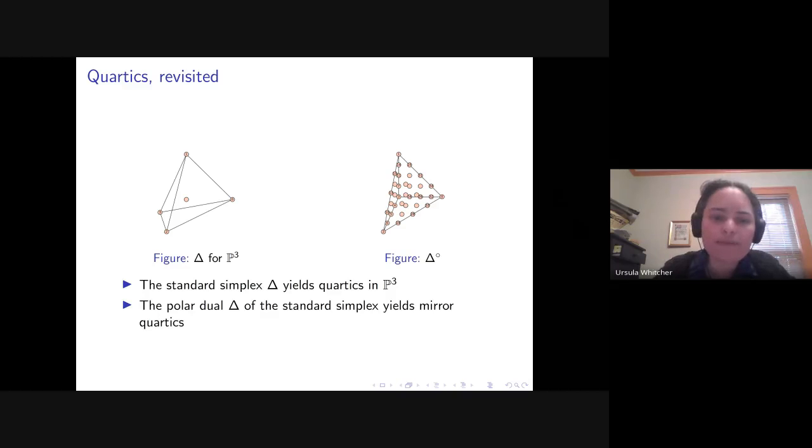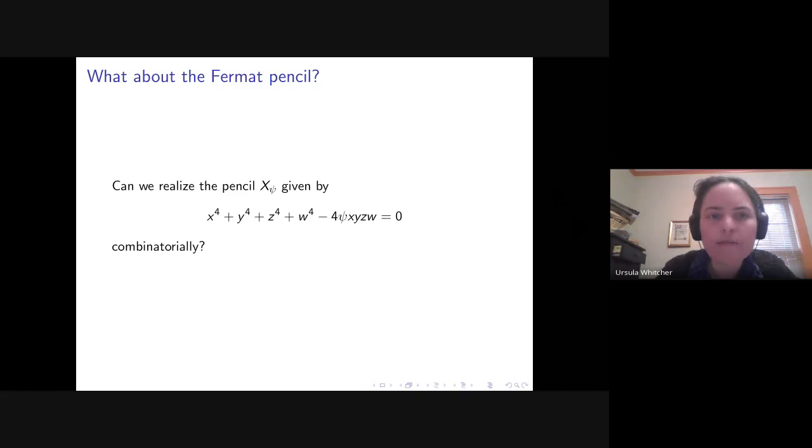Let's look at quartics. So here, if we take the standard simplex, and we look at this general monomial family, the general anticanonical polynomial that I wrote down for you a minute ago, we get all of the quartics in P^3. And then if we look at the polar dual and we run the same game again, we're going to get the mirror quartics, which will be naturally only a one-parameter family up to some kind of overall identification and simplification.